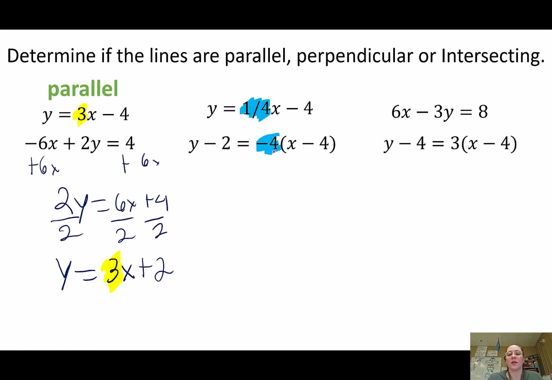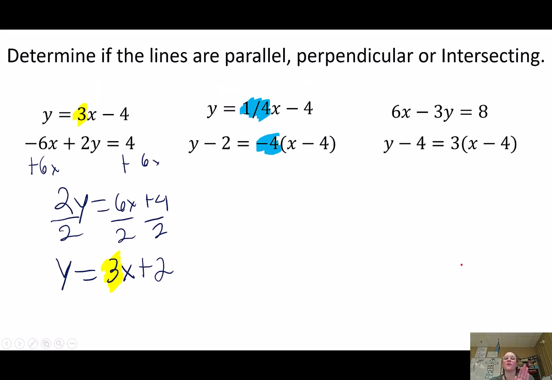And then my slope is right here. So first off, are they the same? No. So we already know they're not parallel. Are they opposite reciprocals? Well, 1/4, when I flip the fraction, becomes 4/1, and the opposite sign would be negative. So yes, these are opposite reciprocals, so they are perpendicular.